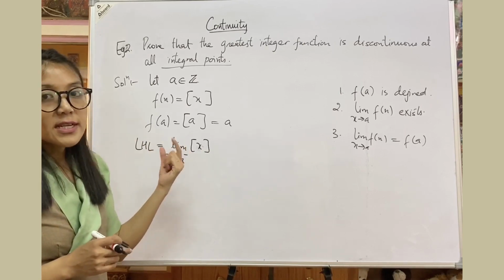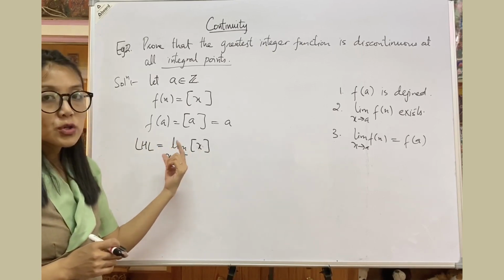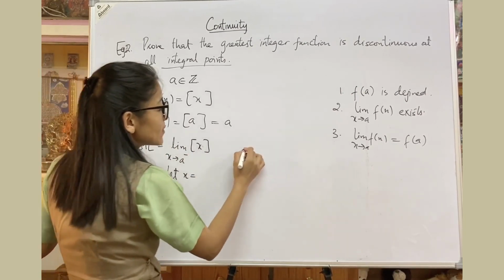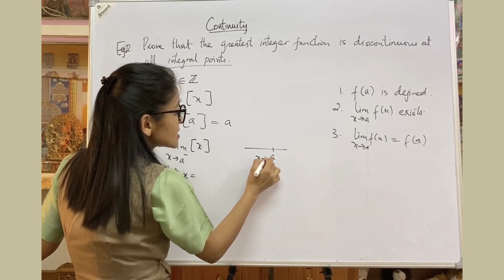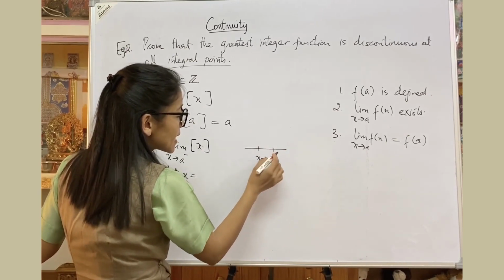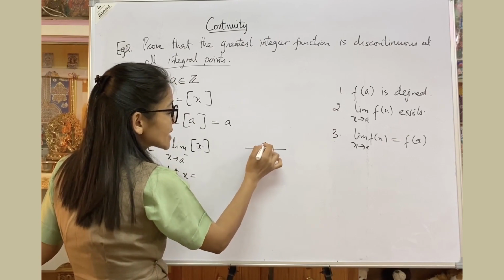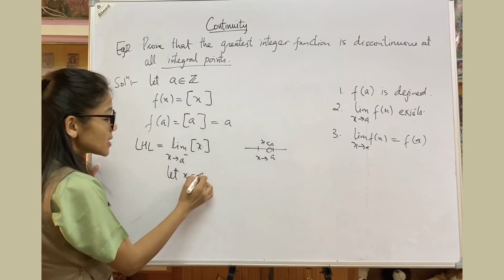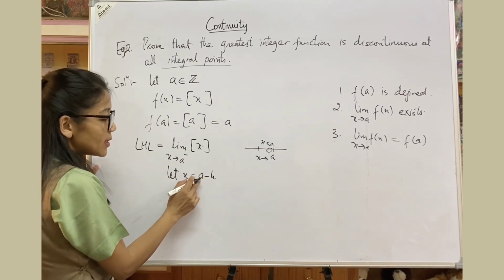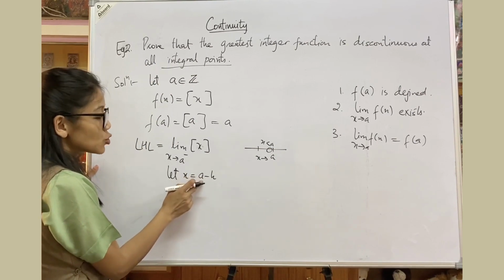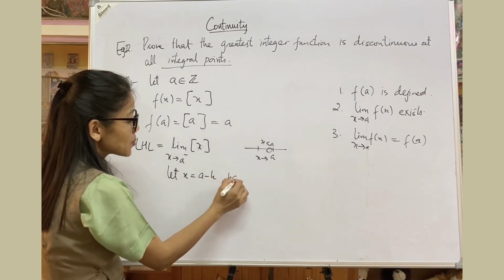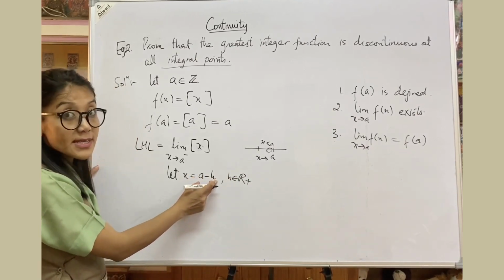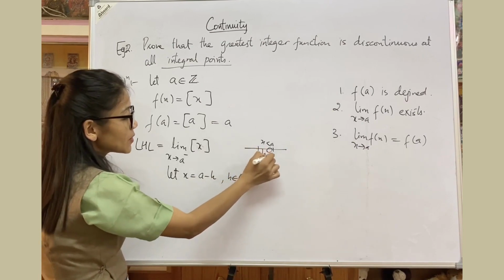Without using the substitution method we won't be able to solve it, so I will write: let x be equal to a minus h. x is tending towards a from the left hand side, so x is always less than a. To show that, I subtract a small positive real number h from a, and h is the length of the interval.